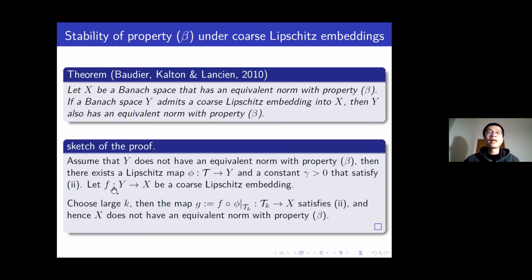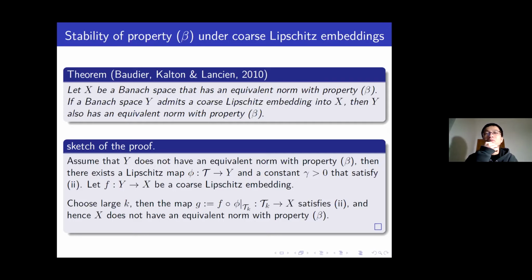Now if you compose phi with f, you get a map from T into X, but the map is not necessarily a partial Lipschitz embedding that satisfies item 2 in the metric characterization theorem.